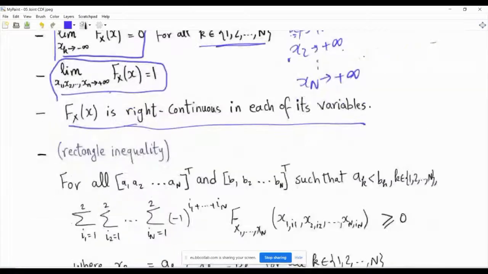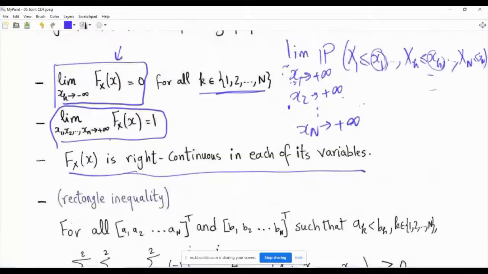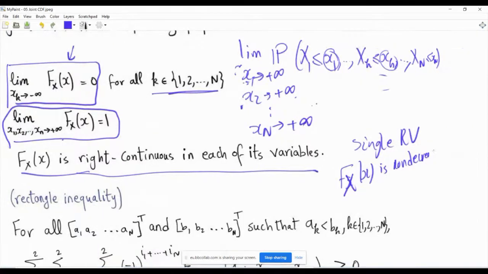And then we have the monotonic property. For the single random variable case, we have that F_X(x) is non-decreasing, so it either increases or remains flat.